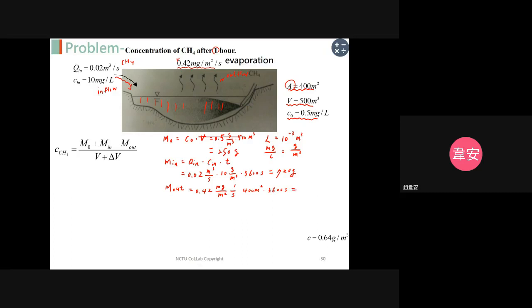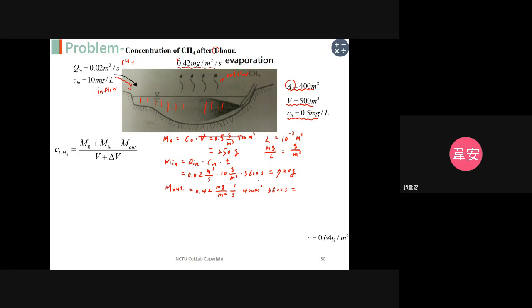Okay, and how changes flow out for the mass. So use your calculator, 0.42 multiply 400 and multiply 3600, and here we have mg.